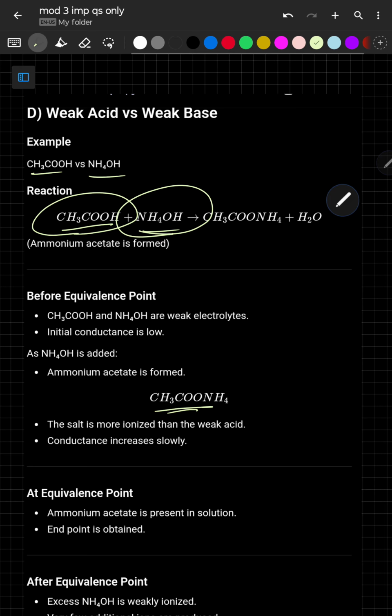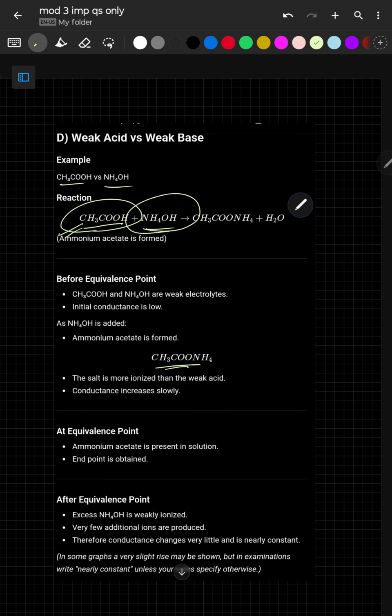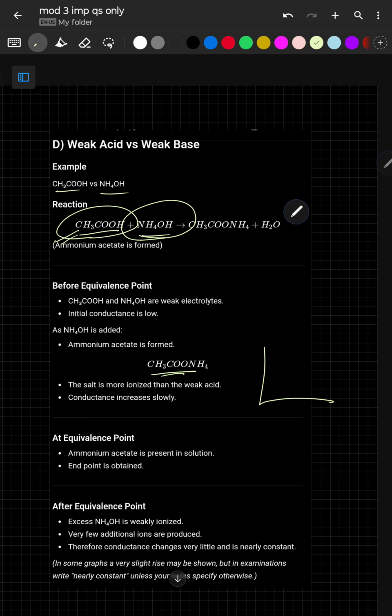This salt is more ionized than the weak acid, so conductance increases slowly. After the equivalence point, excess NH4OH is weakly ionized, so very few ions are produced. Therefore conductance shows little to no change. So first a slight increase, then almost no increase is what is going to happen.